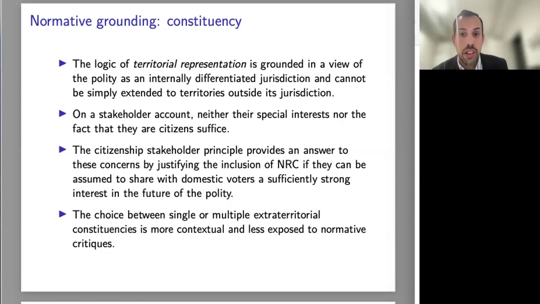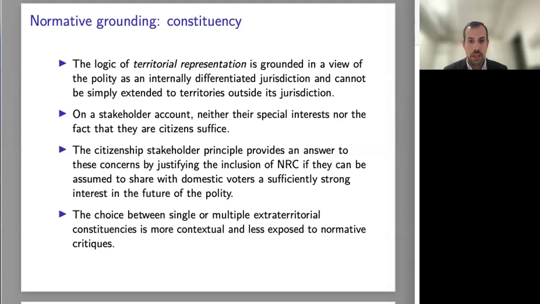On the stakeholder account, however, neither the special interest of non-resident citizens nor the fact that they are citizens suffices. What matters is the strength of their ties to their origin country. The issues of who should have citizenship and voting rights outside of a state's jurisdiction are thus contested.